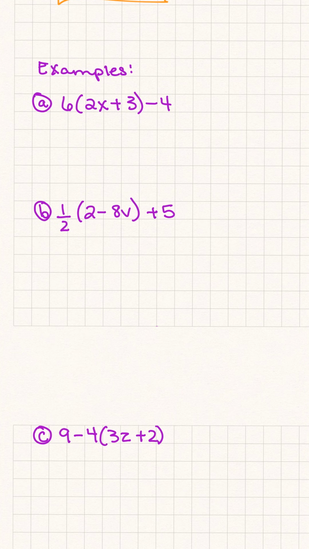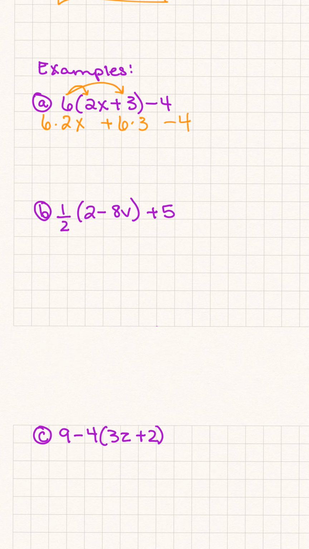We have 3 more that I want you to do here. I'll walk through one more with you. So once again, this needs to be multiplied to the first term and then the second term. So 6 times 2x plus 6 times 3 minus 4.